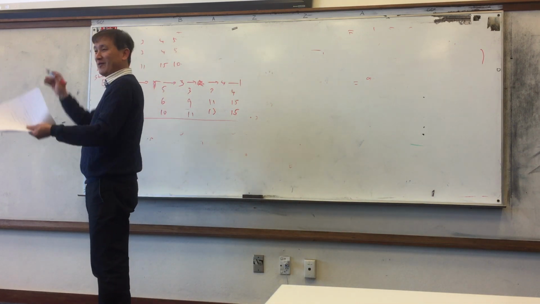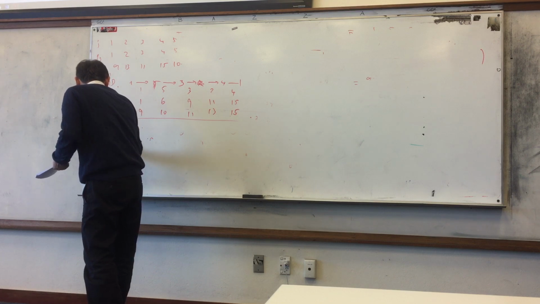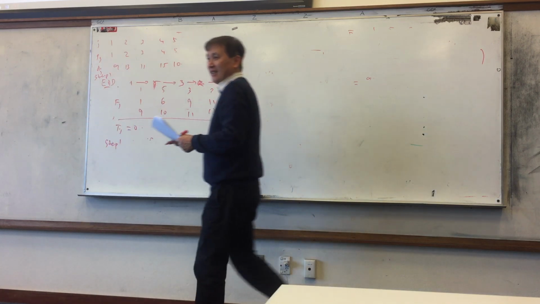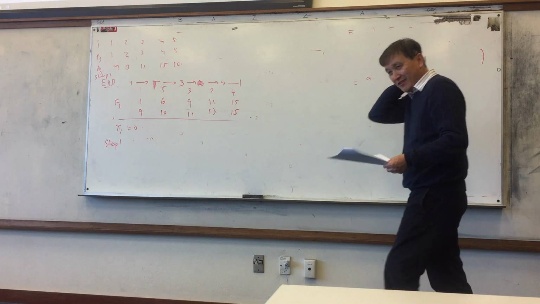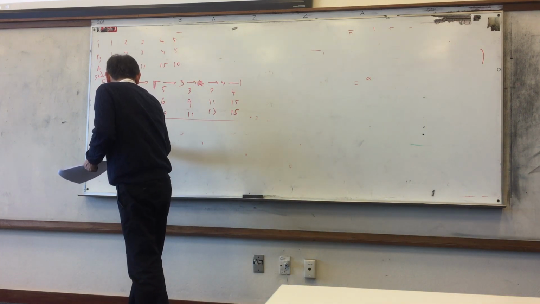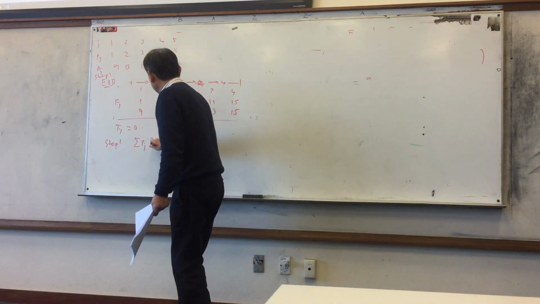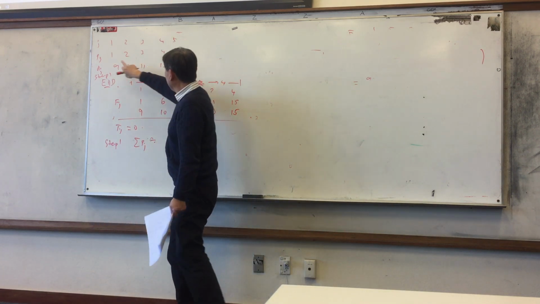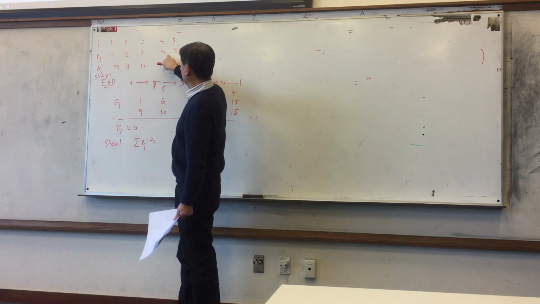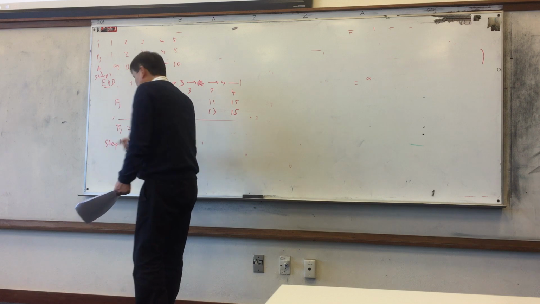I look at the solution to number 4. Step 1 says that I'm going to look at the total processing time, sum of PJ. If you look at the schedule, that should be 1 plus 2 plus 3 plus 4 plus 5, which gives you 15.